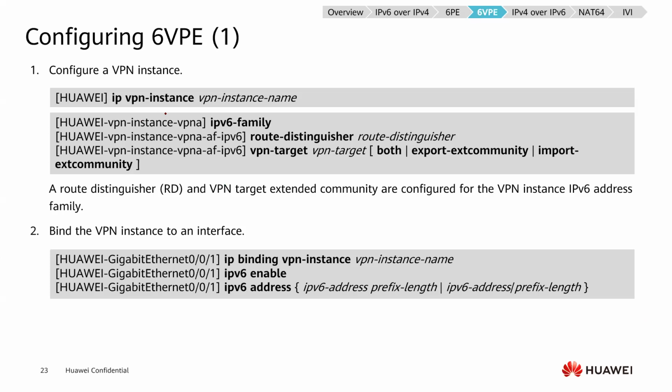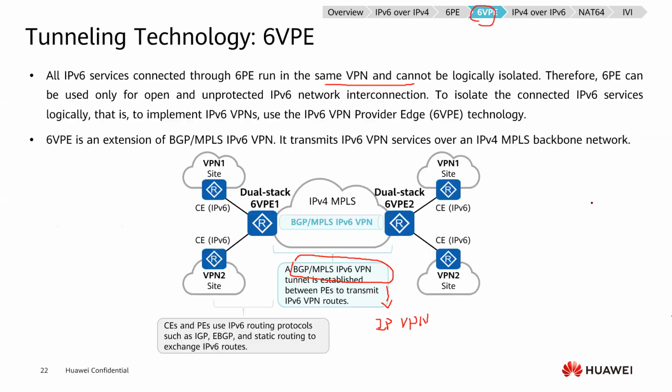And for the 6PE, you can find that we use the IPv4 MPLS to transmit the IPv6 traffic, right? And for the BGP VPN IPv6 traffic, we also use the IPv4 MPLS, right?